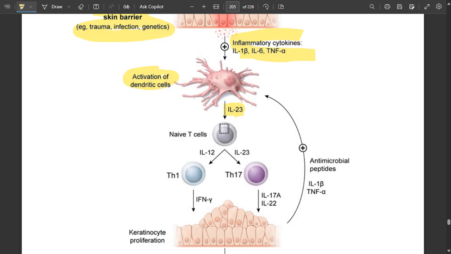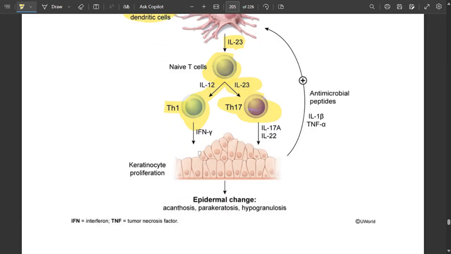Interleukin 12 converts naive T cells into Th1 cells, while interleukin 23 stimulates Th17 cells. Th1 secretes interferon gamma, leading to keratinocyte proliferation, and interleukin 17A and interleukin 22 lead to epithelial changes. Acanthosis, parakeratosis, and hypogranulosis can occur, and epidermal changes occur because of it.